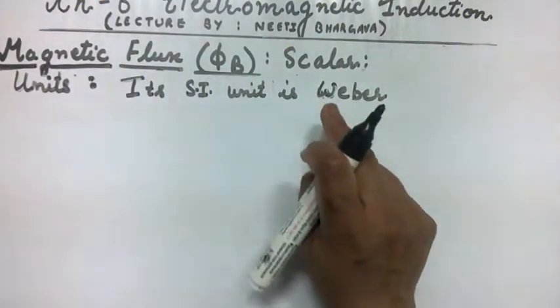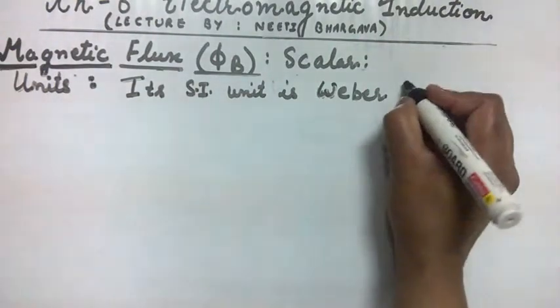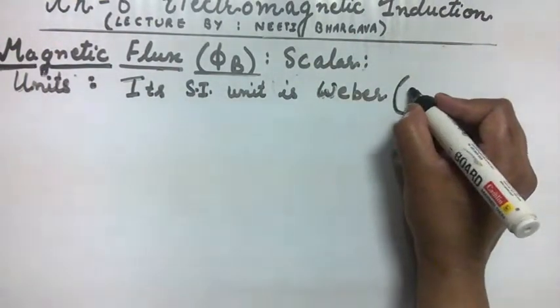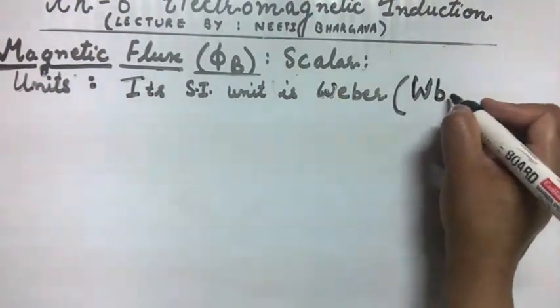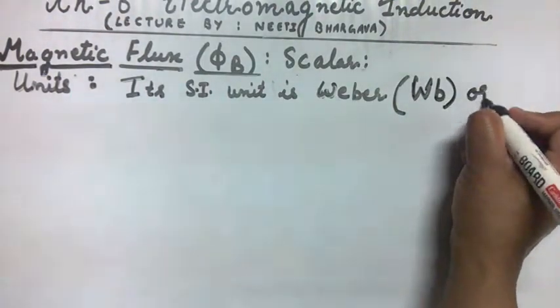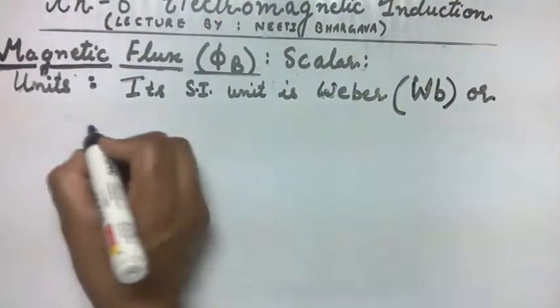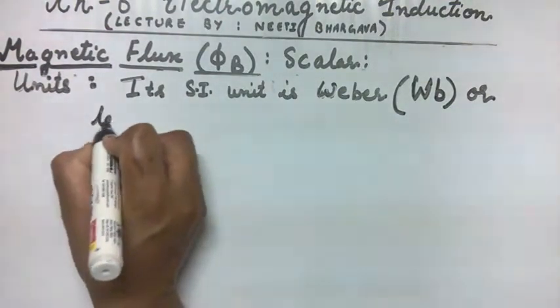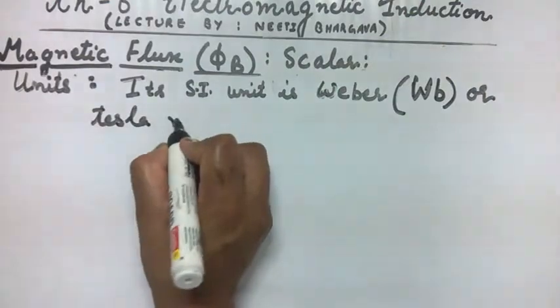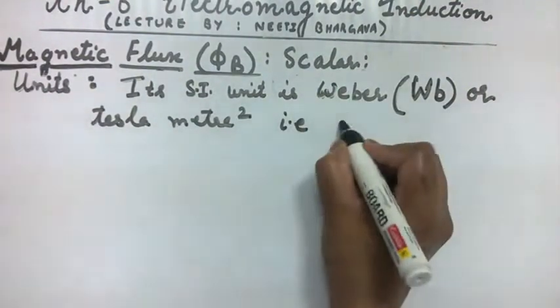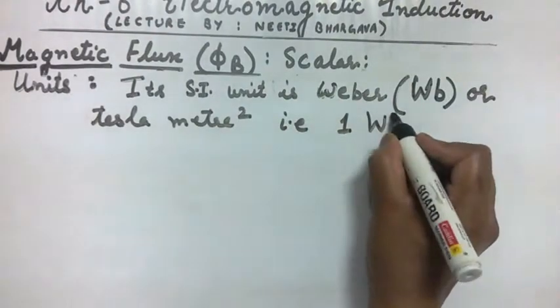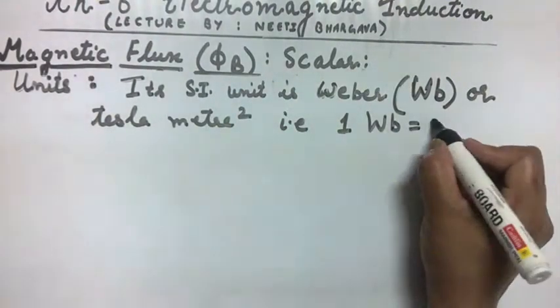Thus start from small letter weber, and its abbreviation is capital W small b, or also known as Tesla meter square. That is 1 Weber is equal to 1 Tesla meter square.